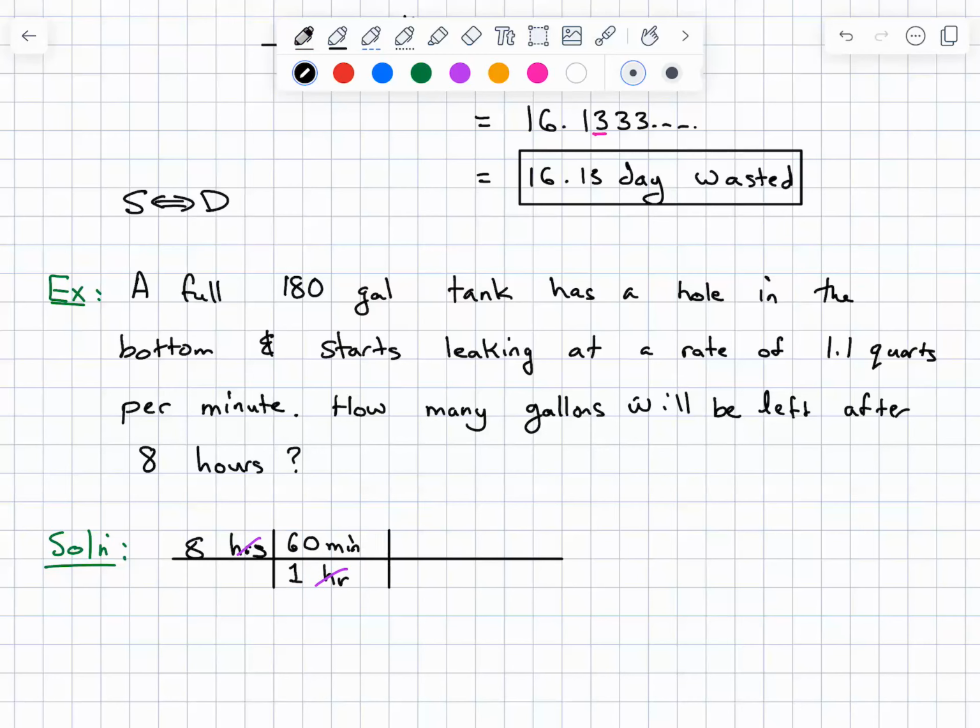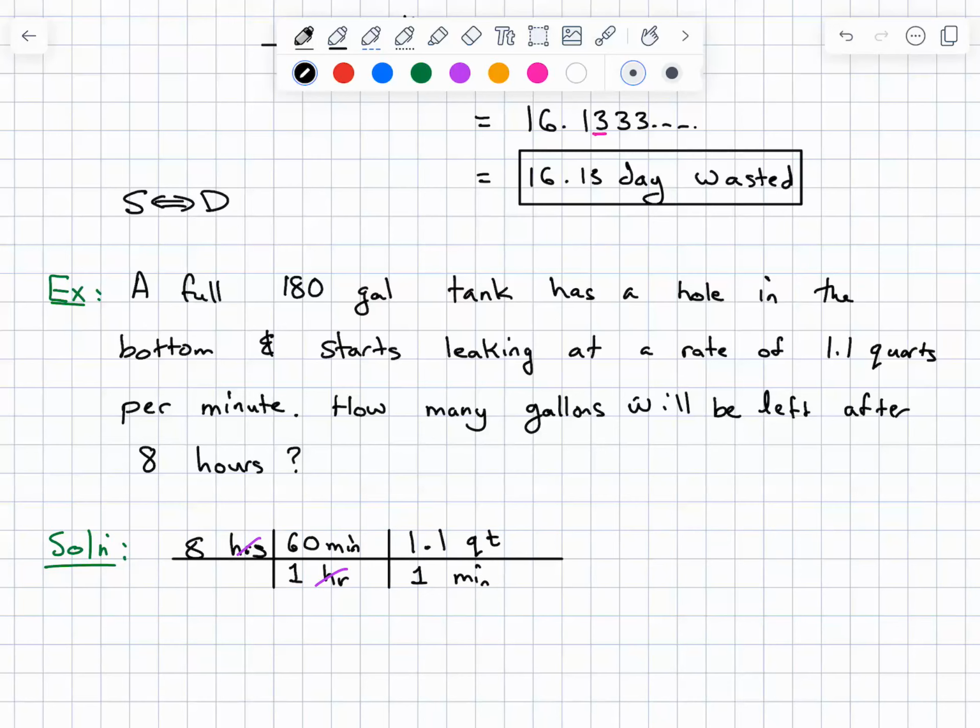But I know that there's 1.1 quart every minute. So for every 1 minute, which I'll put in the denominator to cancel it again, there is 1.1 quart, which is abbreviated QT, which I think is pretty cute.